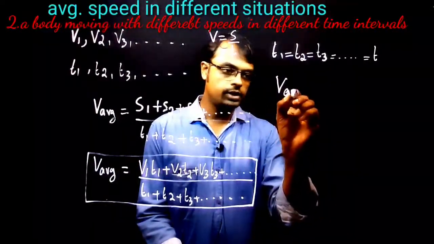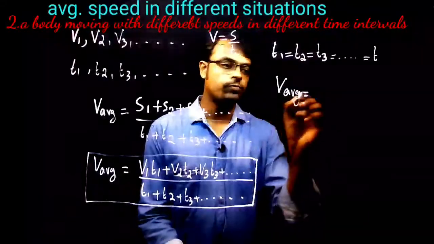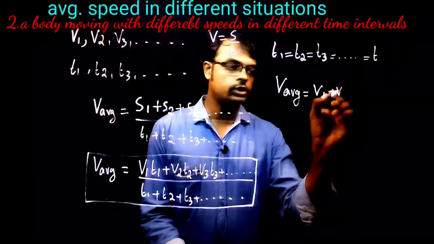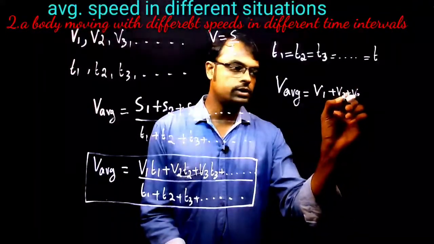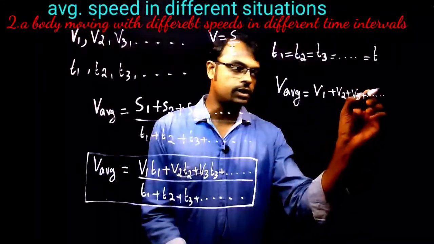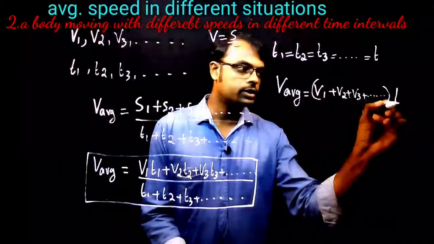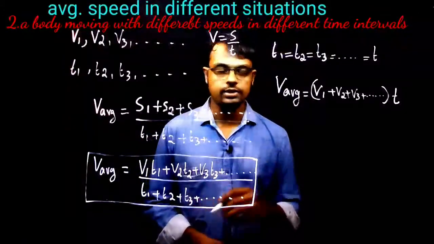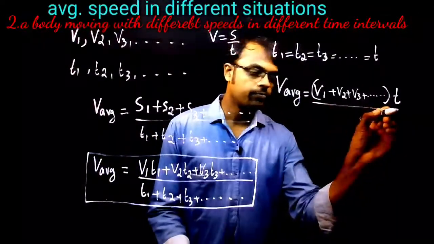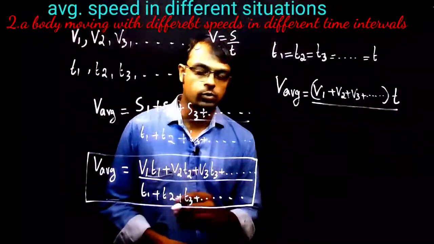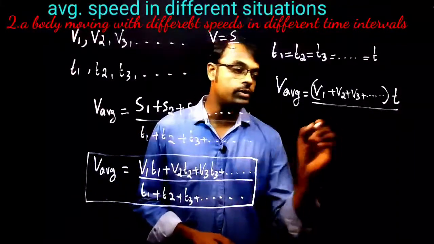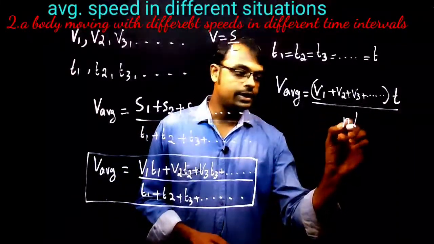Average speed V average is equal to V1 plus V2 plus V3 plus etc. into time, because the time intervals are equal, so we can take the time outside, divided by, see this one, all the time intervals are equal, so T plus T plus T plus etc. How many T's will be there? NT will be there. So we can write here NT.